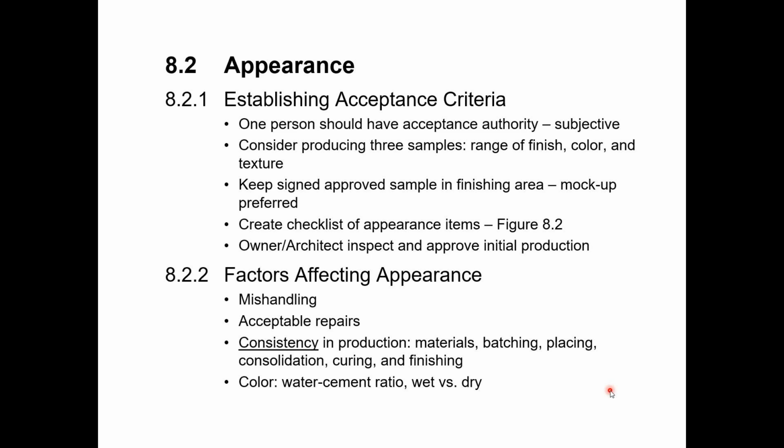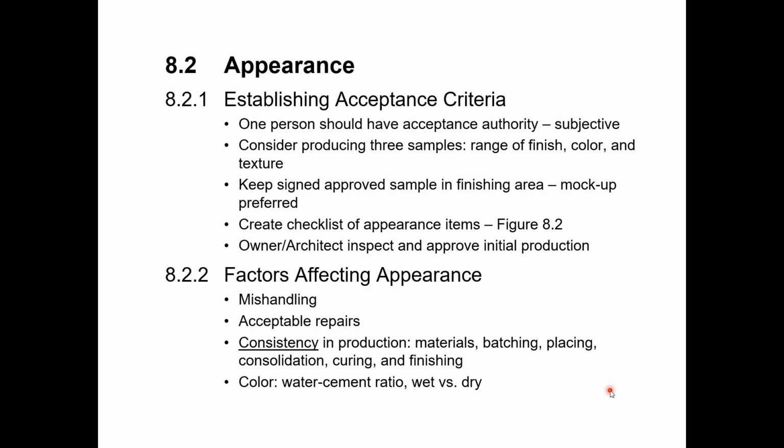Even if you have two people who are very experienced and have arguably equally adequate opinions about what is good and what is right, they're still going to have variations in what they think looks good, or how colors appear to them. So when possible, it should be left to one person to be able to say yes, that meets the standard, or no, that doesn't meet the standard.